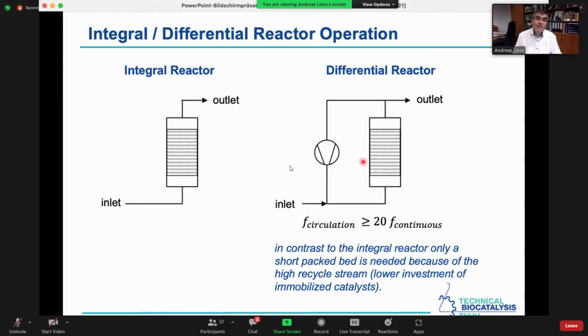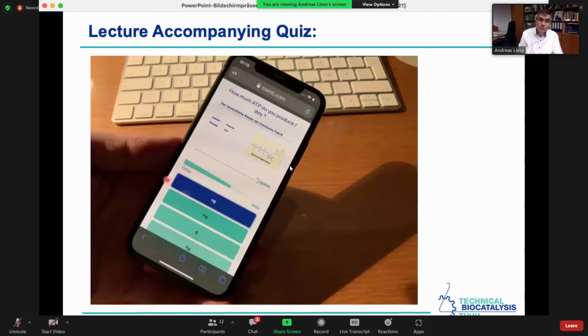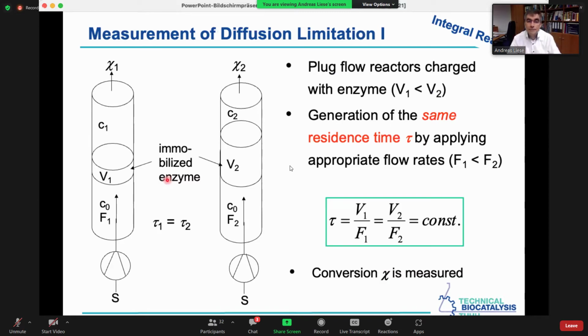Okay, now we're starting up for this characterization method, making use of the left side with the integral reactor, and I'm letting you know when we're switching over to the differential reactor. Now, what are we doing to characterize? This is important because these principles you should know by heart. We're in principle operating two packed bed reactors, left side and right side.